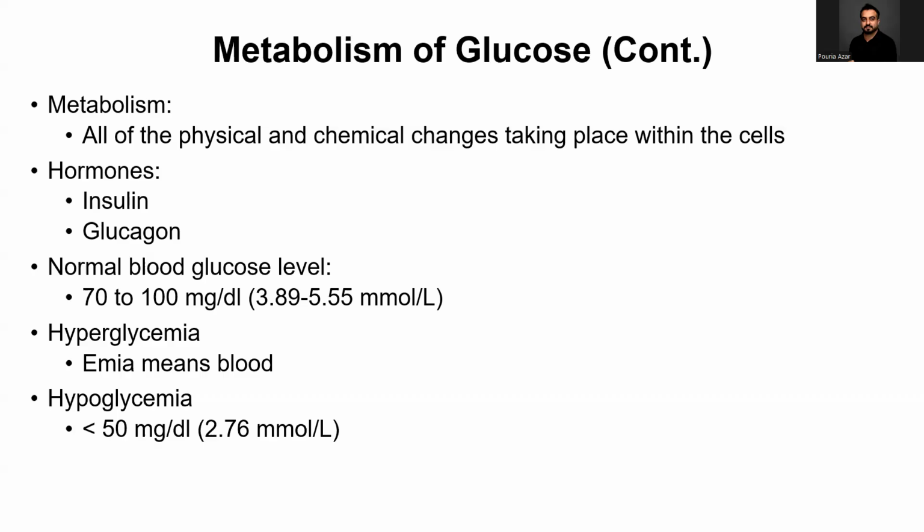So hypoglycemia means low blood glucose levels. And we get hypoglycemia whenever the blood glucose level drops to 50 milligrams per deciliter. And we have homeostasis. Homeostasis is a term referring to a state of equilibrium. So insulin and glucagon try to maintain the homeostasis of our body.